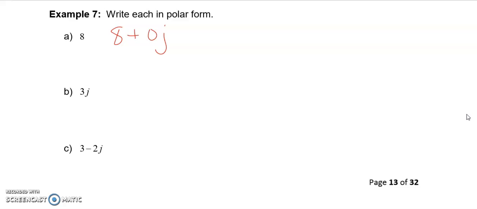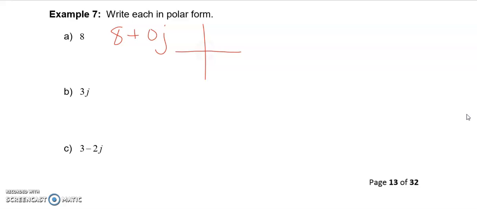And actually, we don't even need the calculation for r or for theta for this example, because this is a very simple example. All you need to do is think about if you were going to graph that number 8 plus 0j, where would it end up? Well, there's a real part of 8, and there's an imaginary part of 0j.